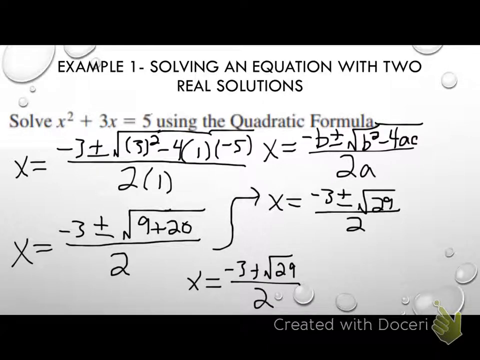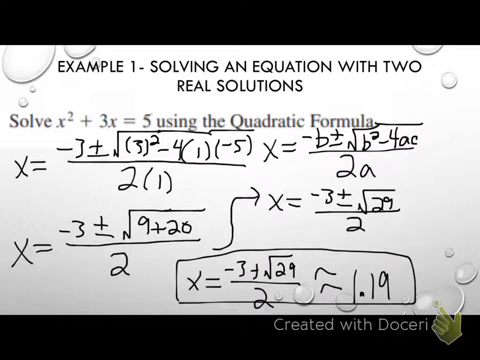If I wanted to get the decimal, I could type that in my calculator. So I would get -3 plus square root of 29 over 2. I would get approximately 1.19. There's one of my solutions.